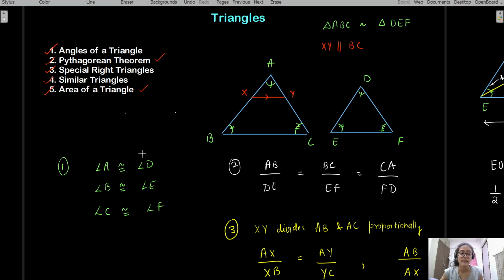For example, they'll give you a circle, and inside the circle they'll give you a triangle. So here you might need to apply the concepts of circles as well as triangles as well as trigonometry.